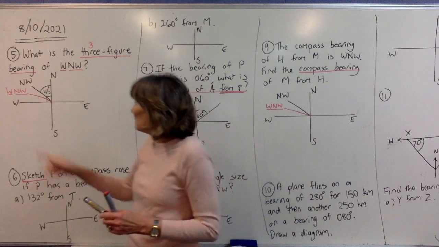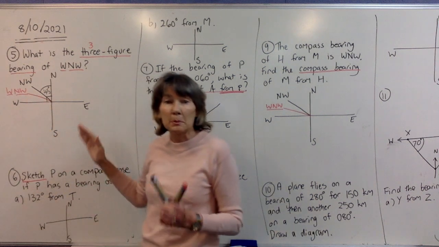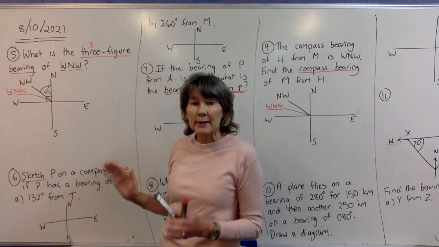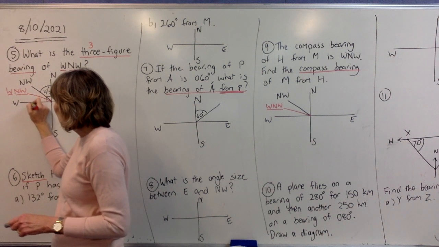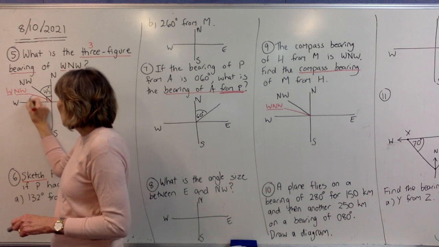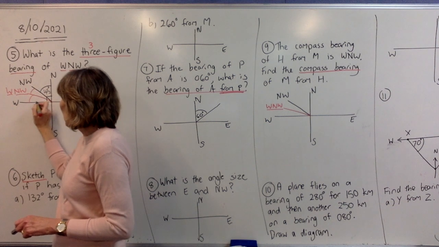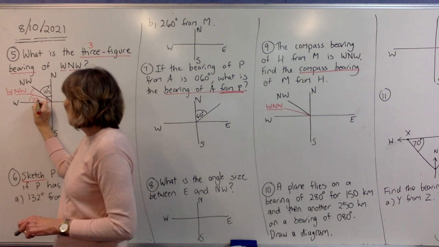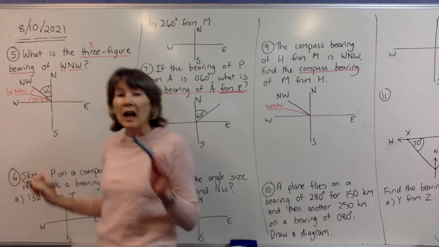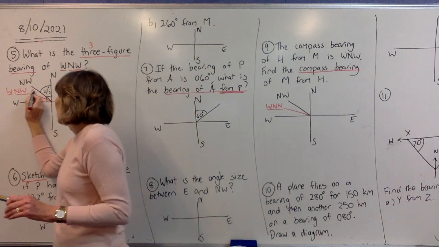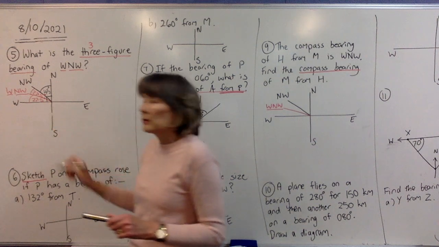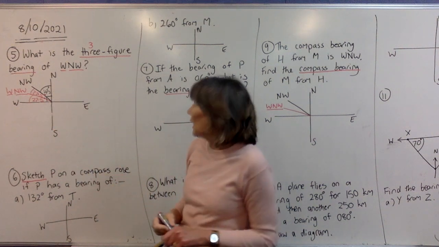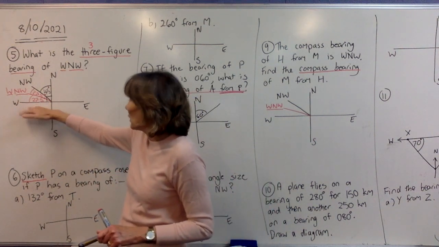And then here, between west and northwest, because it's splitting west and northwest in half, this 45-degree angle will be split into half as well. So these two angles here are 22.5 degrees, because that's half of 45. So if you added all those up, that would give you the 90 degrees that we have there between west and north.